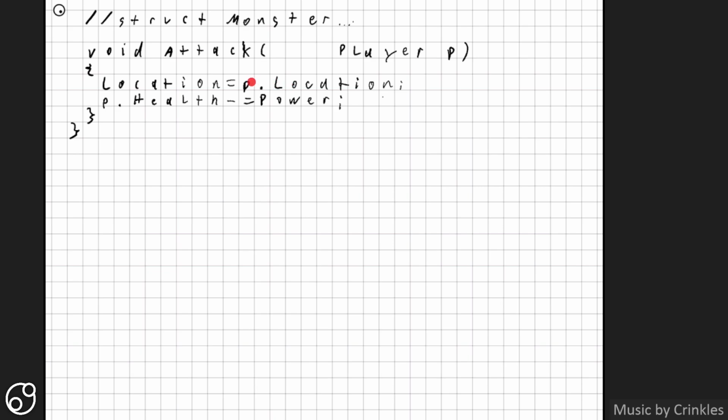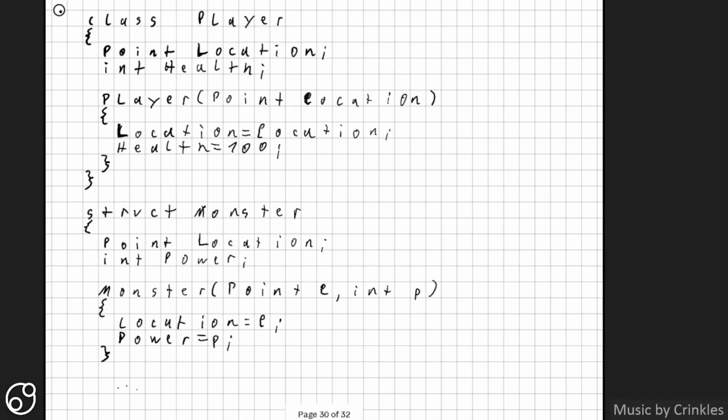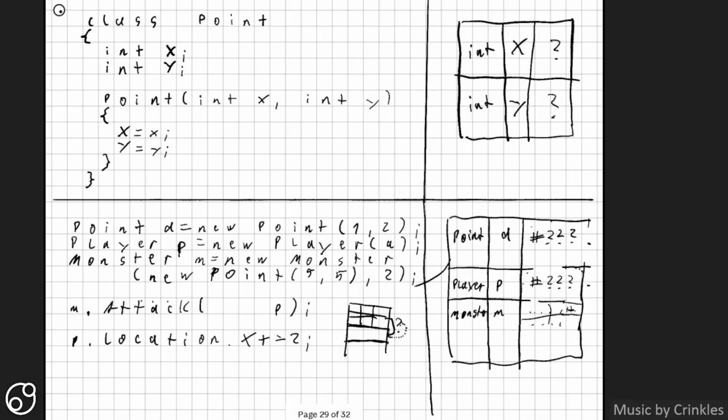So we're not copying the data, we're copying the address. So our code will still work. The monster, after attack is called, will have the same location as player. The monster will now also be at position 1, 2. And the player will have a health of 98.